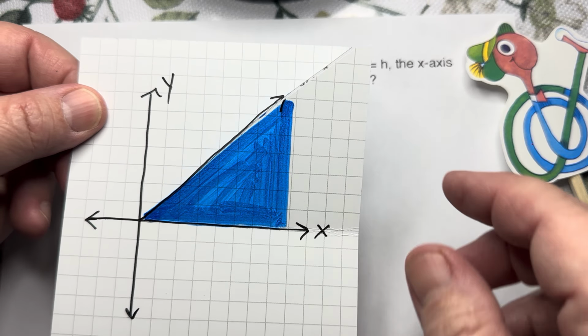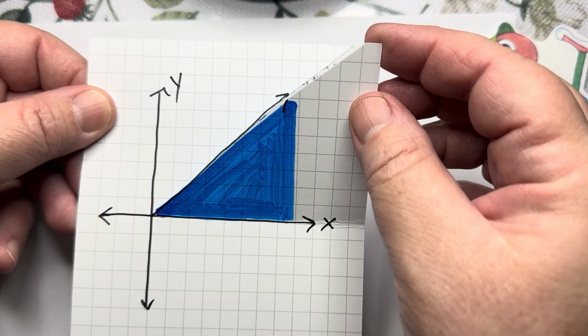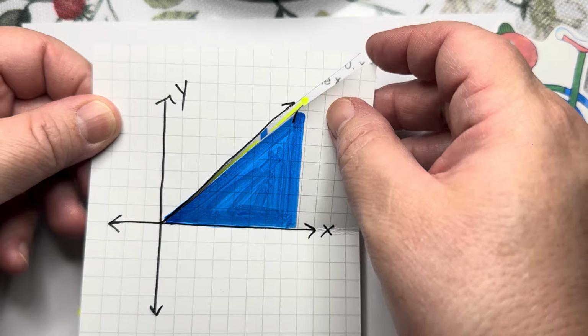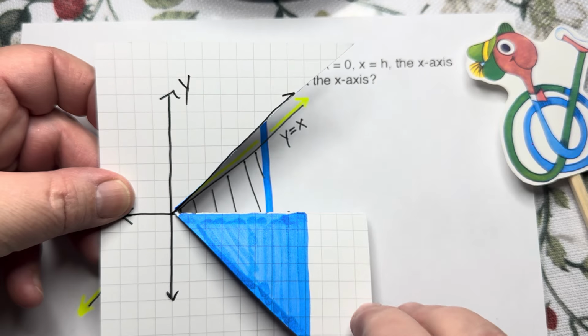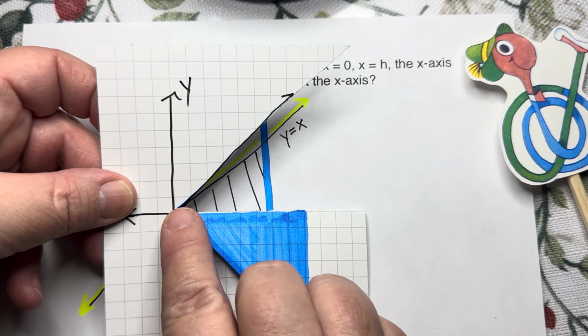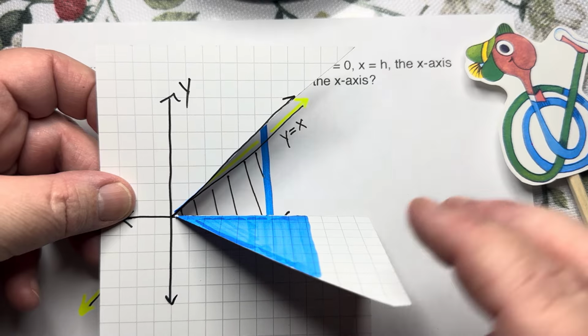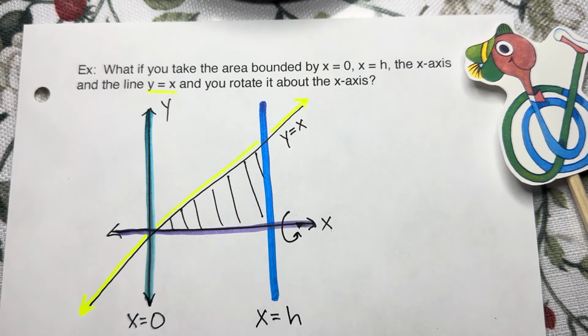No expense spared. What happens when we go around? When we go around, we're not making a full cylinder. This top part stays looking like a point. But what happens at this end? In fact, let me cut this. There we go.